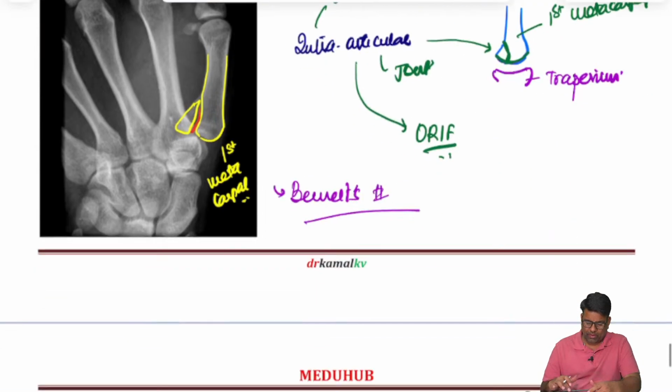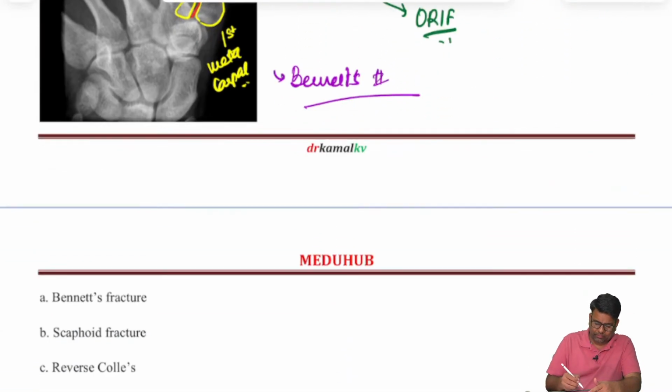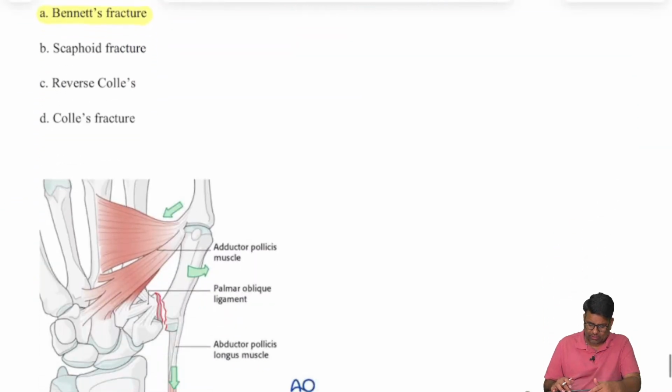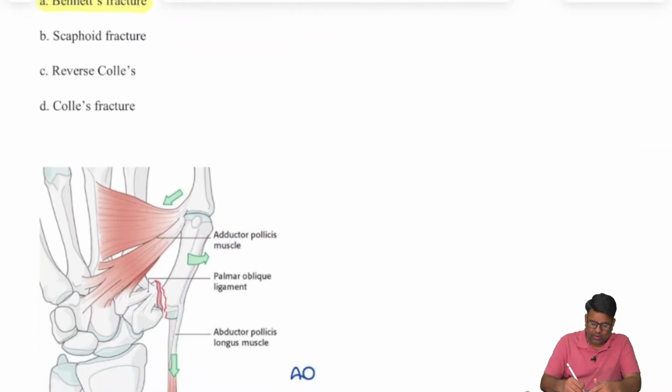So this is Bennett's fracture, and intra-articular fractures are always to be managed by open reduction internal fixation, unless there is no displacement, then only you can go for conservative management.